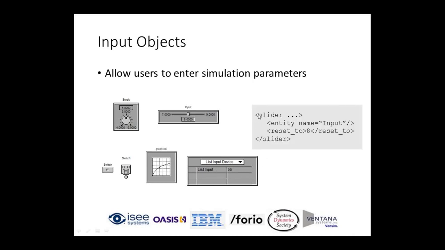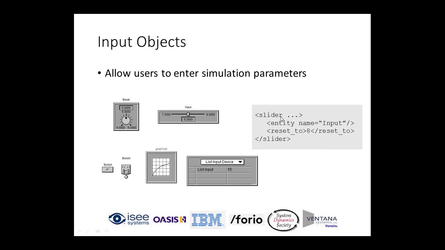And so here's an example for how we would write a slider to an XMILE file. So again, I've just abbreviated all of the properties that are required using the ... And we tie the entities for which these display objects or input objects control by using the entity tag.